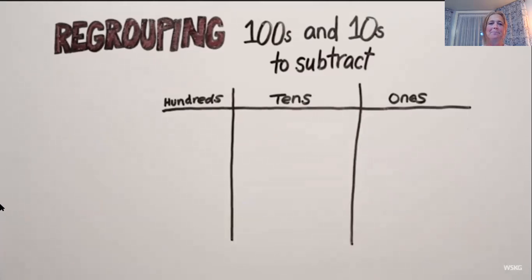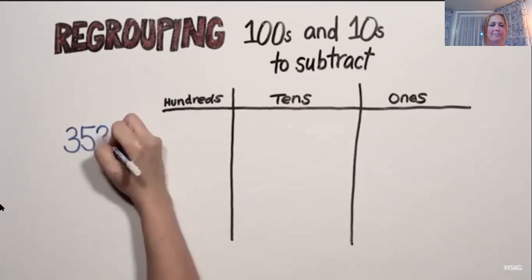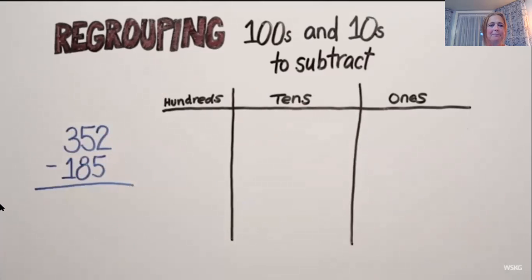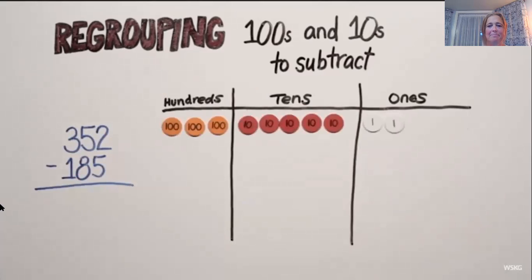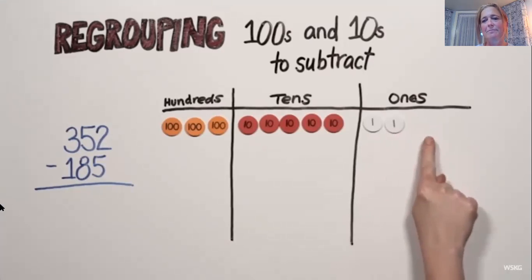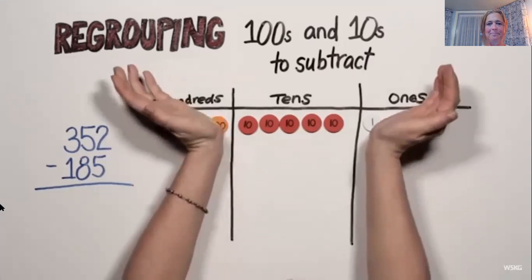Sometimes you need to regroup the hundreds and the tens. 352 minus 185 equals, place value discs can help us figure it out. Subtract ones from ones first. But we can't take away 5 ones. We only have 2 ones.